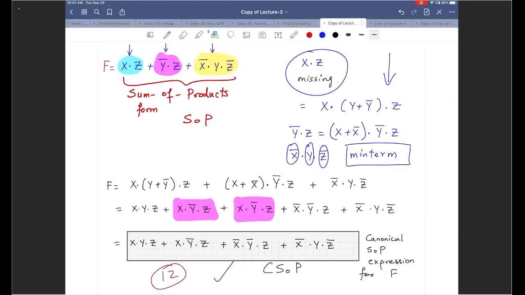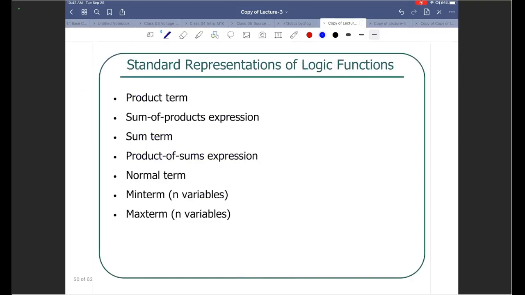So let's take a look at some examples. Examples would be x and z. Example would be x complement and y. Example would be x complement and y and z. Example would be a and b complement, and so on, right? So all those terms are product terms where you are ANDing inputs.